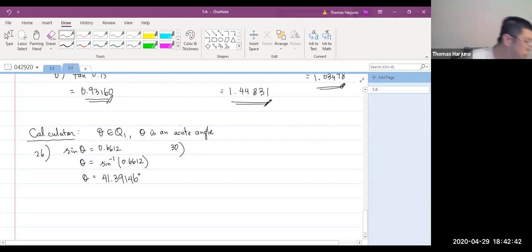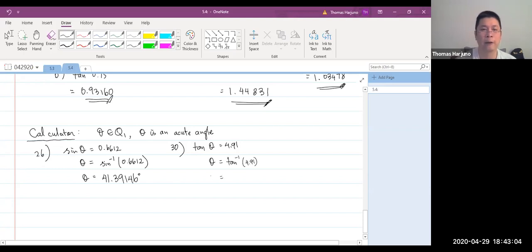Number 30: tangent theta is 4.91. If theta is in quadrant 1, then theta will be tangent inverse of 4.91.